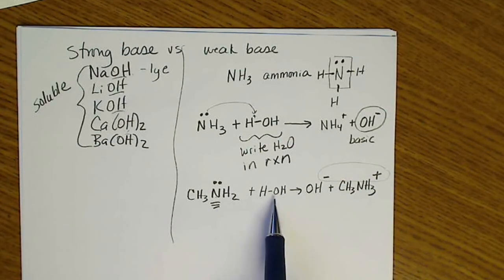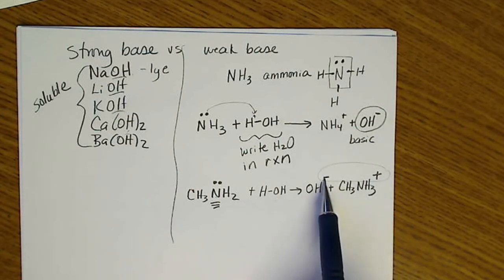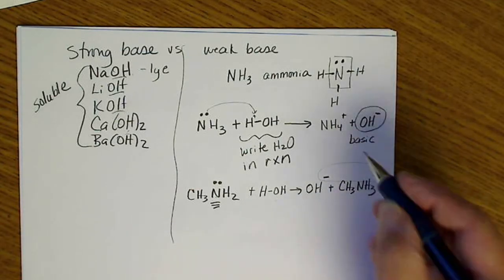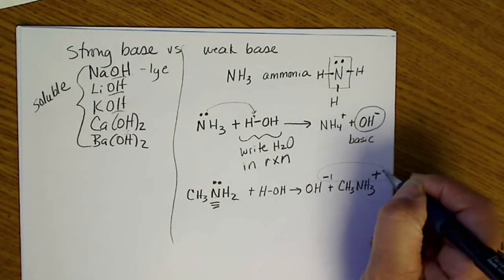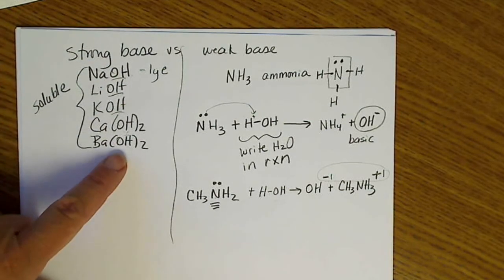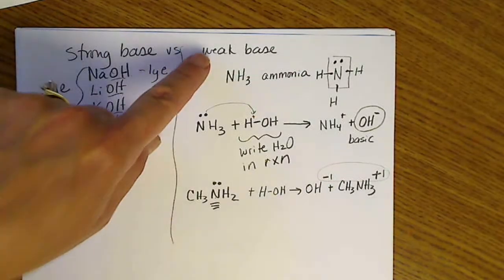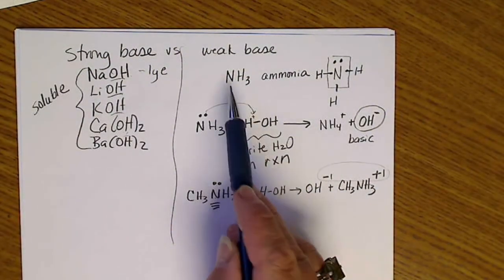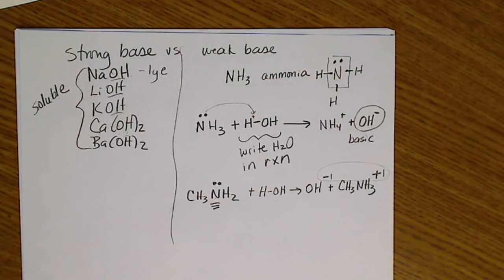On this side of the reaction, nothing is charged. Over here we have a -1 and a +1, and so the right-hand side of the reaction also has a net charge of 0. Okay. So recognizing a strong base will be pretty easy because it will have hydroxide in the formula. And a weak base is going to have an N written in the formula.